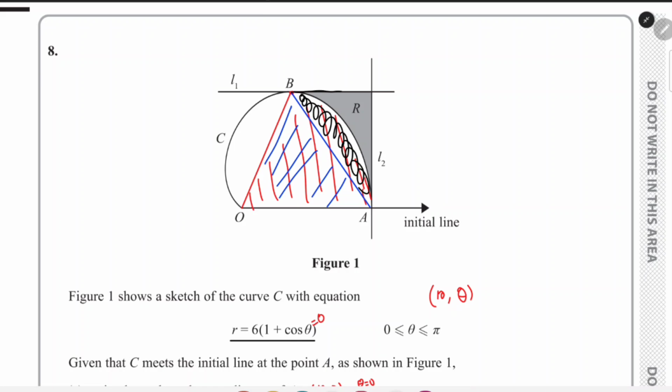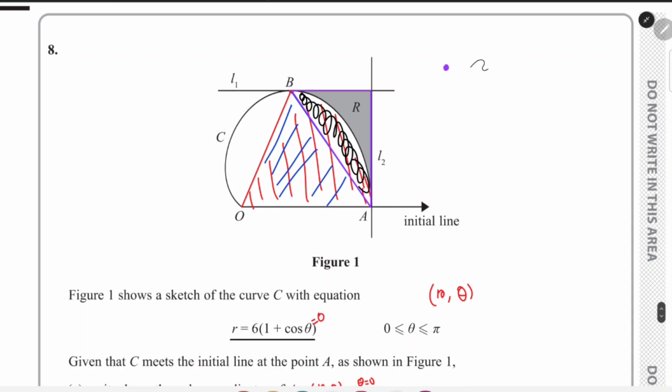And now you have another triangle over here. I'll do it in purple. This triangle over here is another triangle. Now if you subtract the black area from the triangle area, you get the shaded area R.